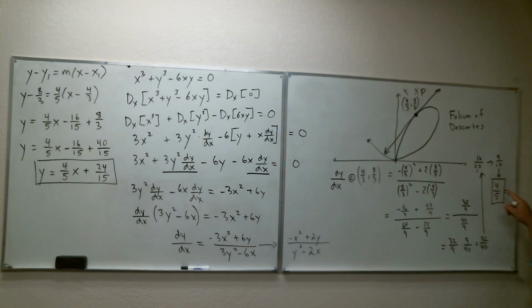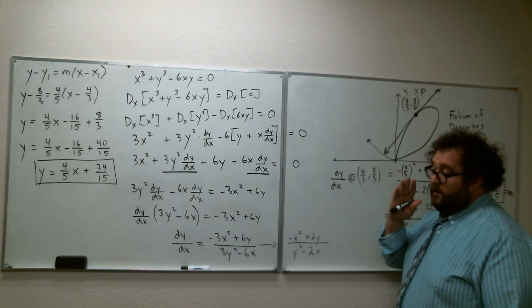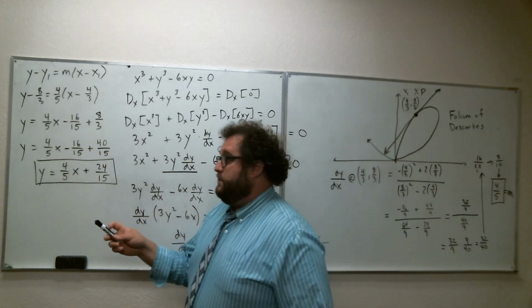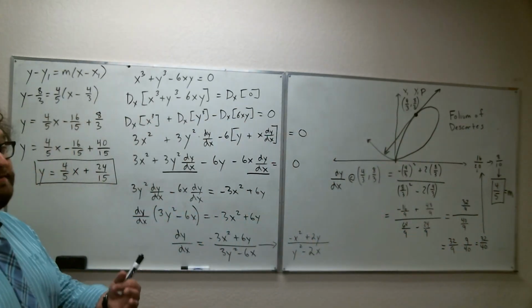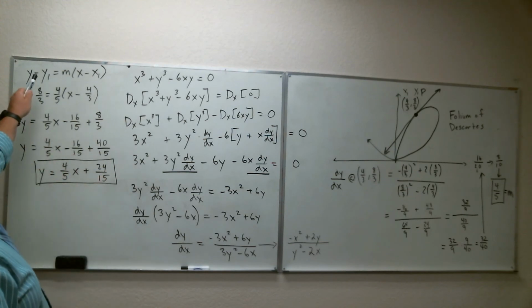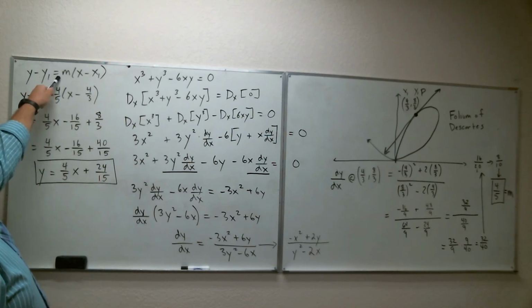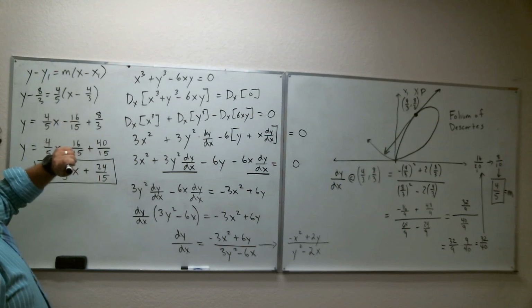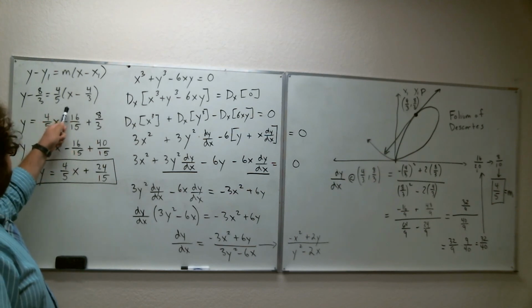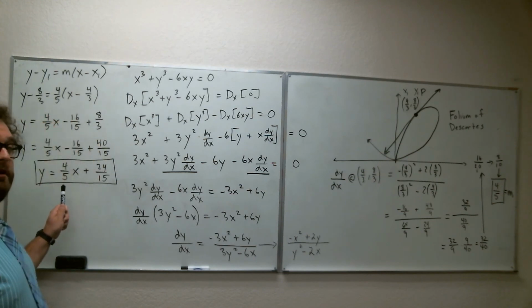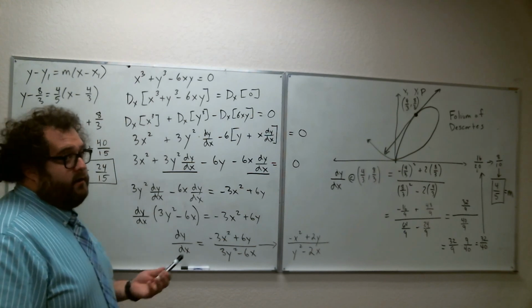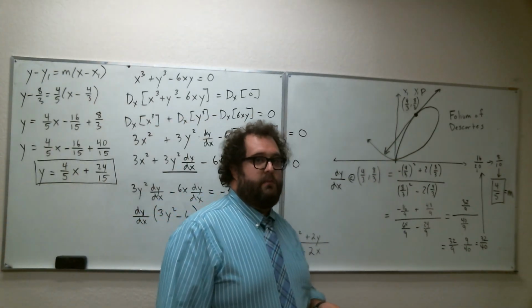Just to be clear, we were done here as far as the homework problem was concerned. But I took it one step further and said, if you want to find the equation of the tangent line, which we have to do often, we simply use point slope form from algebra class, plug in our point, plug in our slope, do a little bit of simplification, and there you are. And of course, you cross your fingers hoping that you didn't make a mistake anywhere.